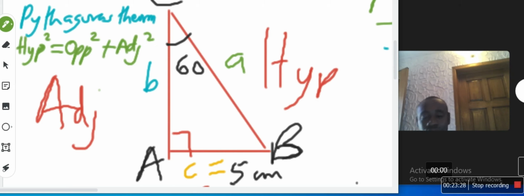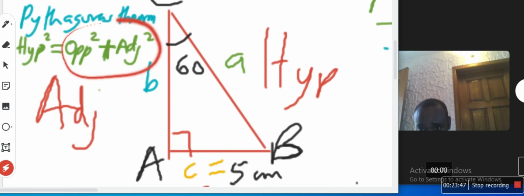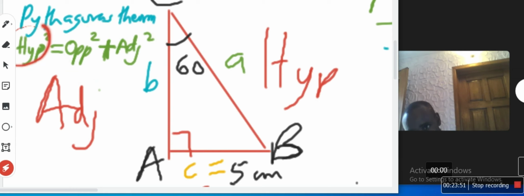That's the rule. So whichever is A or B or C, you can now know. The hypotenuse squared, in this case A squared, is equal to opposite squared plus adjacent squared, or adjacent squared plus opposite squared. It doesn't matter. Just square the other two and add them together, and it must equal the hypotenuse squared.